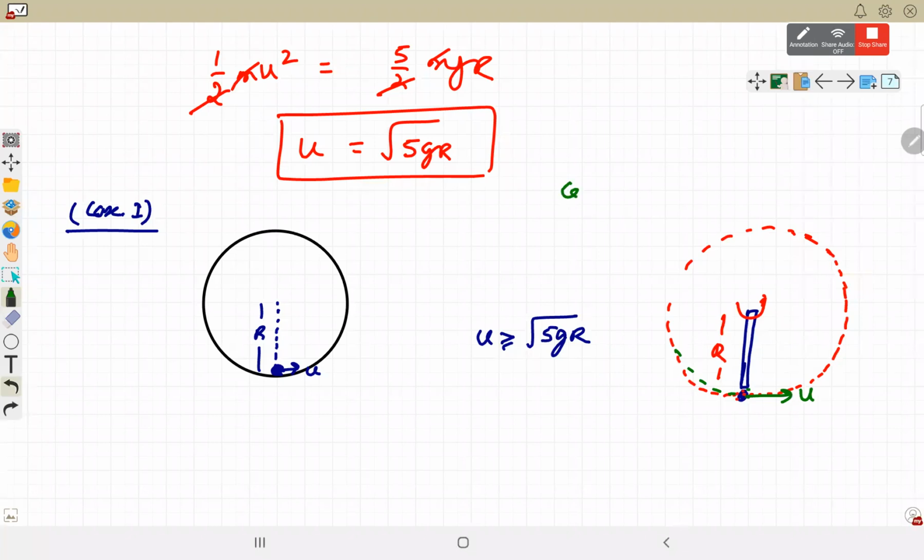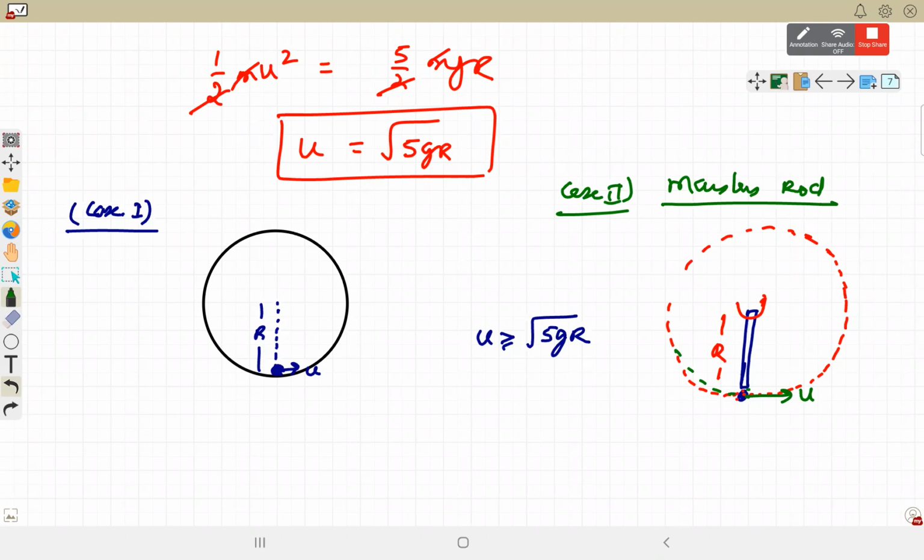Second case is a massless rod. What does massless rod mean? Even when the particle reaches the maximum height and velocity becomes zero, like in the previous case, it starts going vertically downwards under gravity.